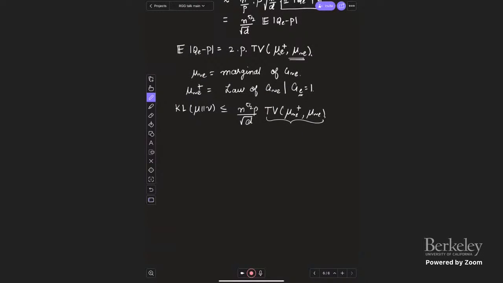That is, we use a coupling bound. We suppose G tilde E is distributed as mu tilde E and G tilde E plus is distributed as mu tilde E plus over a common probability space.